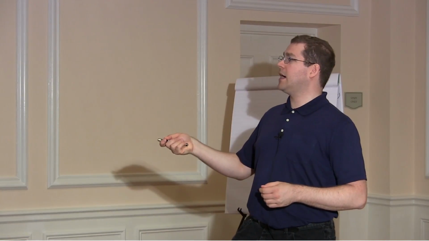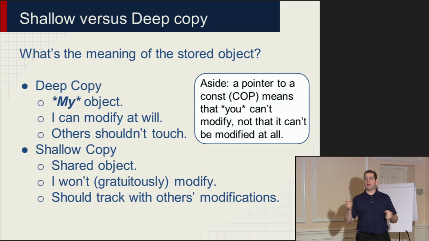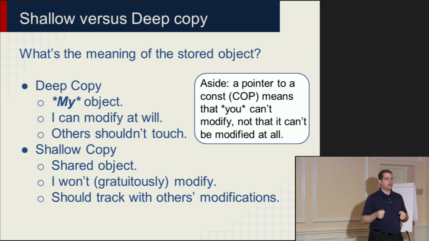So when you have a deep copy of your member variables, what you're really saying is that member variable belongs to this class instance. It's my object. I can potentially modify it at will, and I don't care. No one else is going to see it, so I can do whatever I want to it. And also more importantly, no one else should touch it.